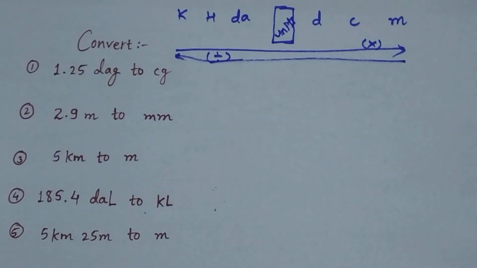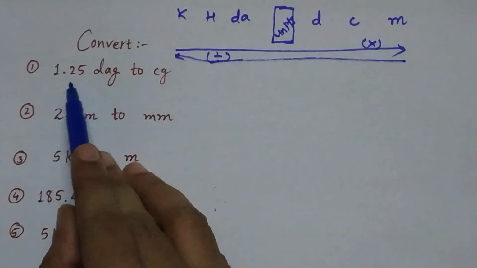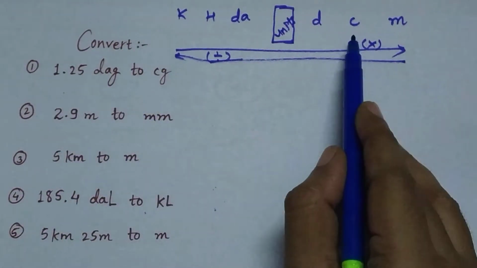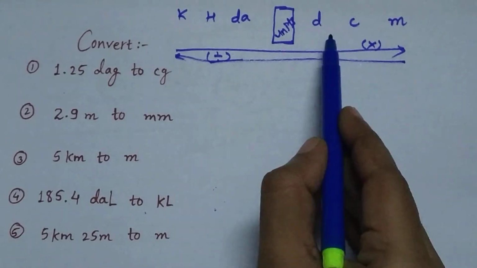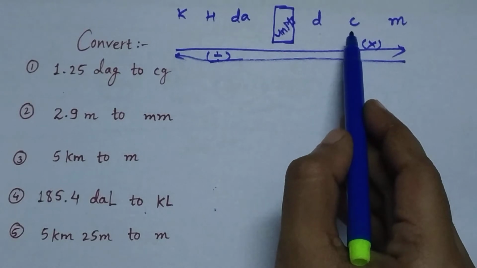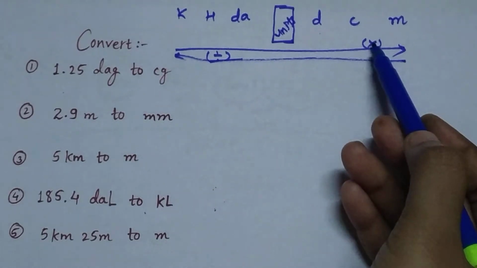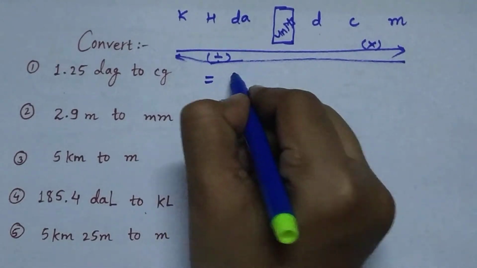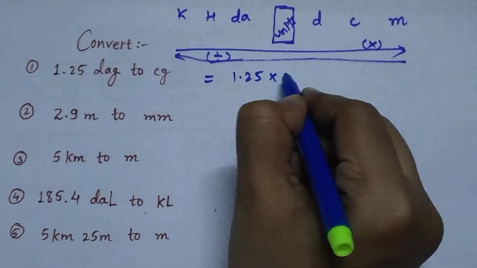So I want to come from decagram to centigram. 1.25 decagram to centigram. Here from decagram to centigram I am having 1, 2 and 3 jumps. I need to take 3 jumps, and I am going to the right hand side, so I'll multiply. So simple, you have to write 1.25 into 1000.